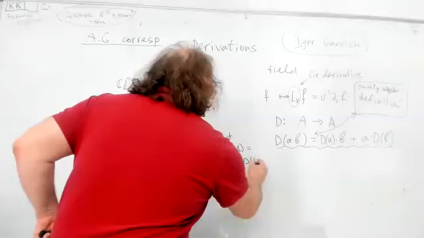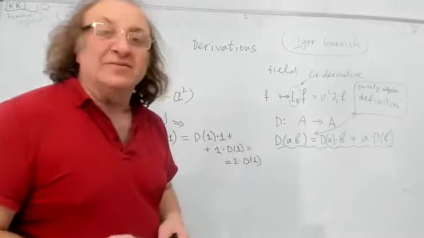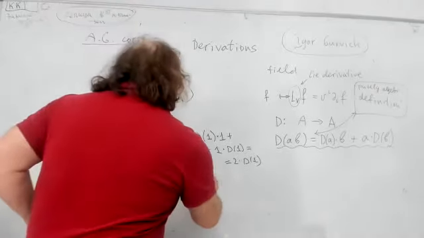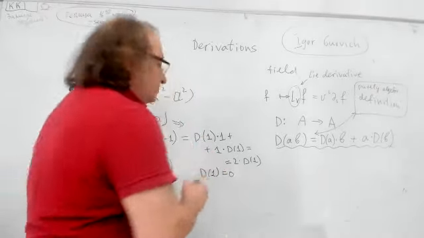So we see that D of 1 equals 2 times D of 1. That's why D of 1 is 0.